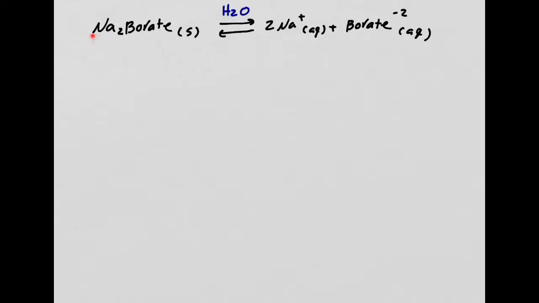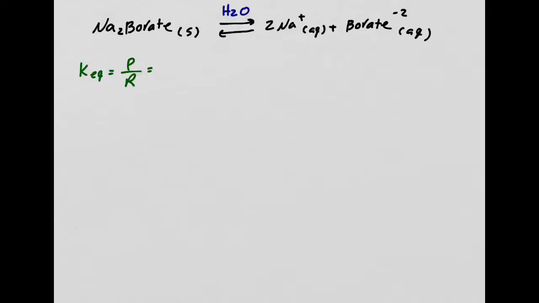We have sodium borate as our solid. There's going to be an equilibrium when you add borate to water, and then some of it is going to break up into ions. Now I want to write an equilibrium constant, right? Now remember, equilibrium constant was product over reactant. Nothing you haven't seen before. What is my product here?